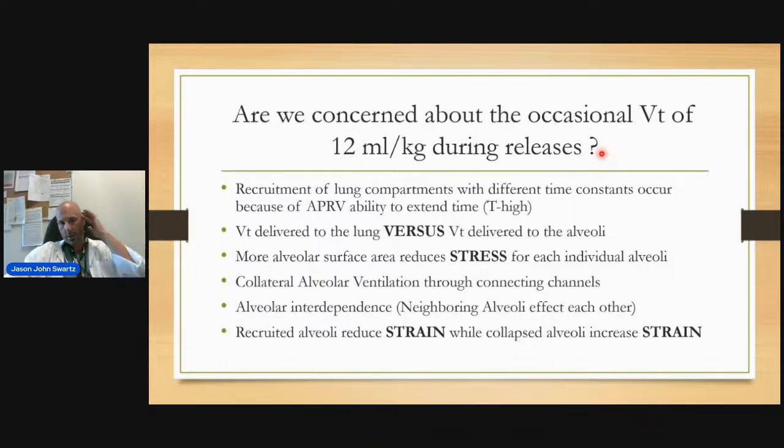There's also something called alveolar interdependence. Once your alveolus is derecruited, the healthy alveolus no longer has the wall of the adjacent alveolus to support it.